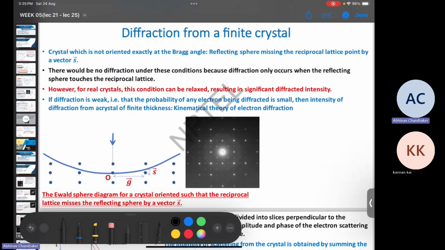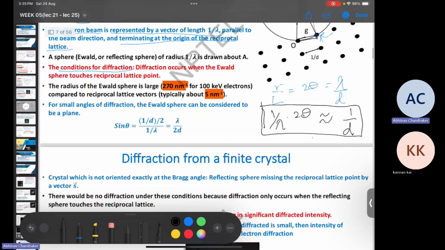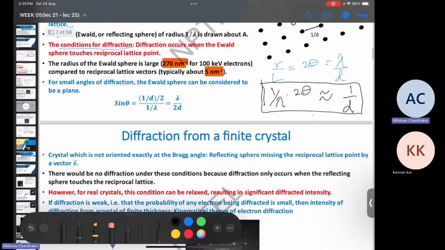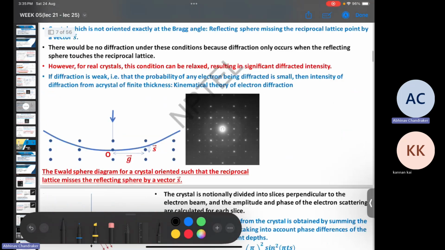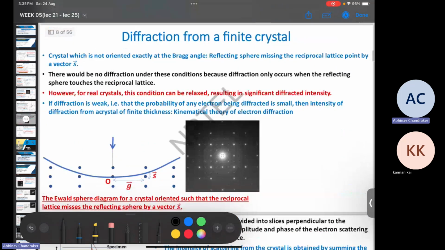And because it is like a plane, there will be multiple spots which the sphere usually touches, and we'll be seeing them as diffraction spots in our diffraction pattern.